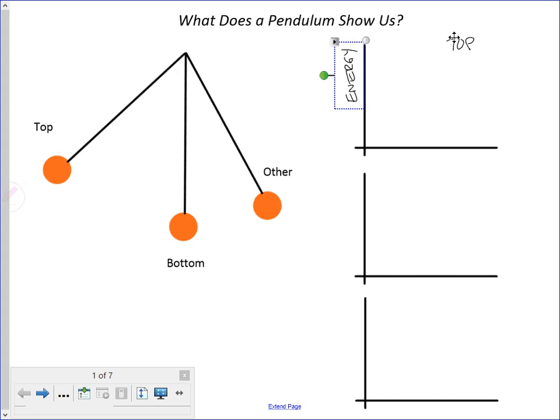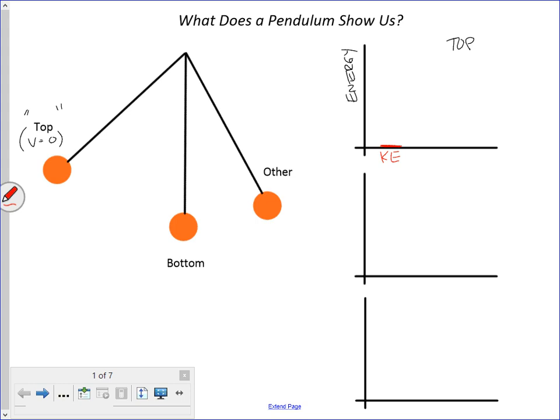Well, at the top, one thing we know is that this thing is not moving instantaneously. All right? And that means that if we look at kinetic energy, well, there's none. There's our little zero height bar. All right?